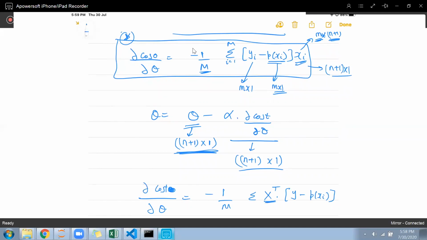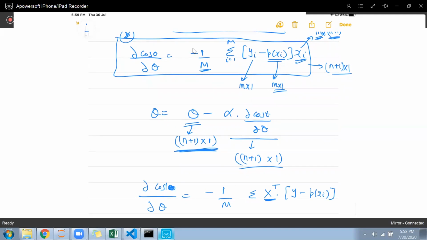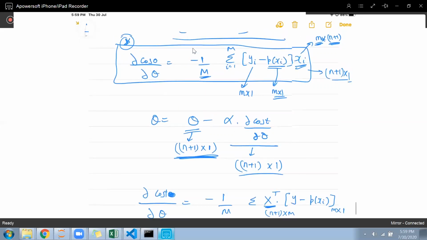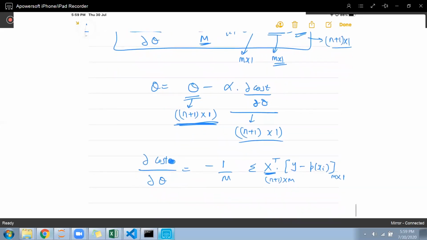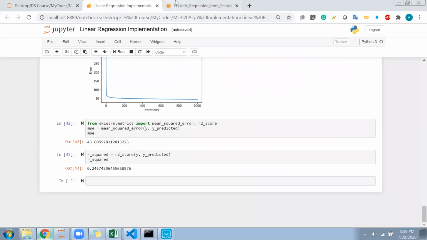I have written x transpose so that they can multiply with each other. The x transpose dimension will become n plus 1 into m, and this dimension is m into 1. So when we multiply, the dimension will become n plus 1 into 1.